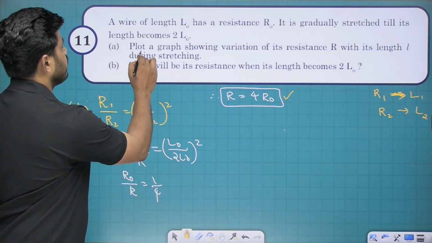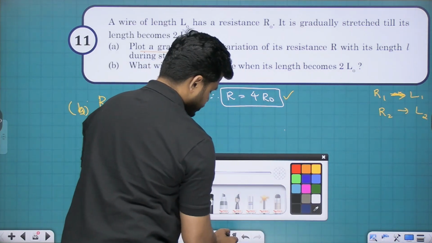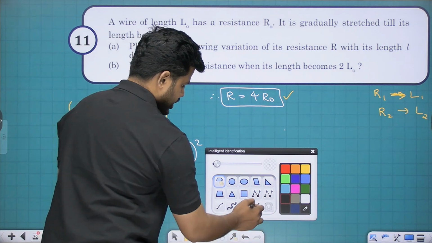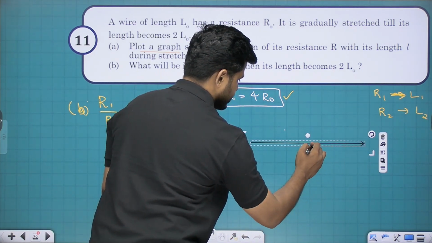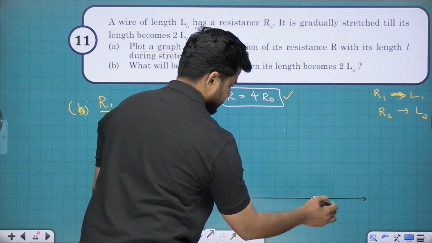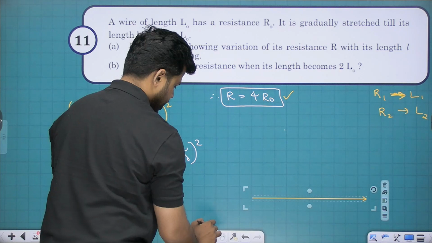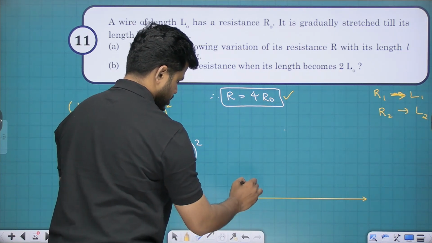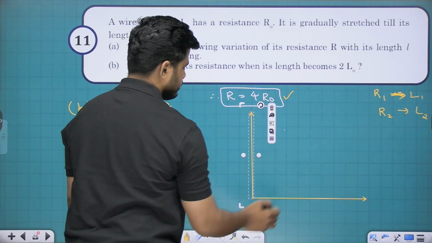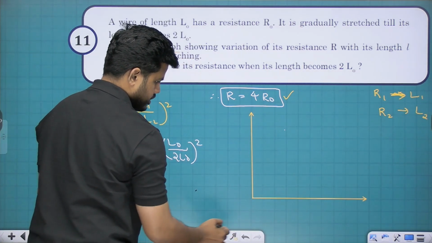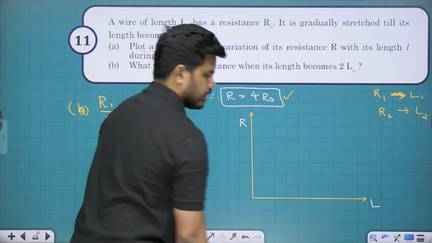A part is to plot a graph showing this variation. See, if you draw a graph, this is my x-axis, suppose, and I have a y-axis too here. This is my y-axis. Fine, I am going to take resistance along this and length along the other one.